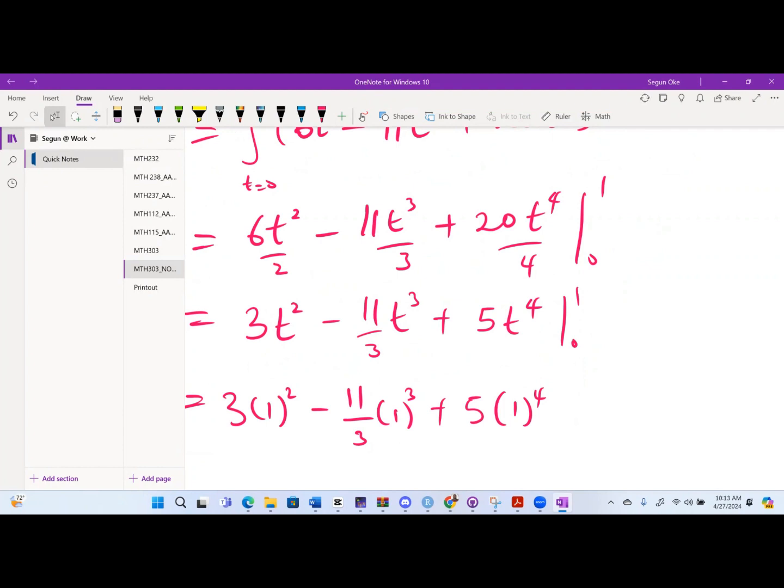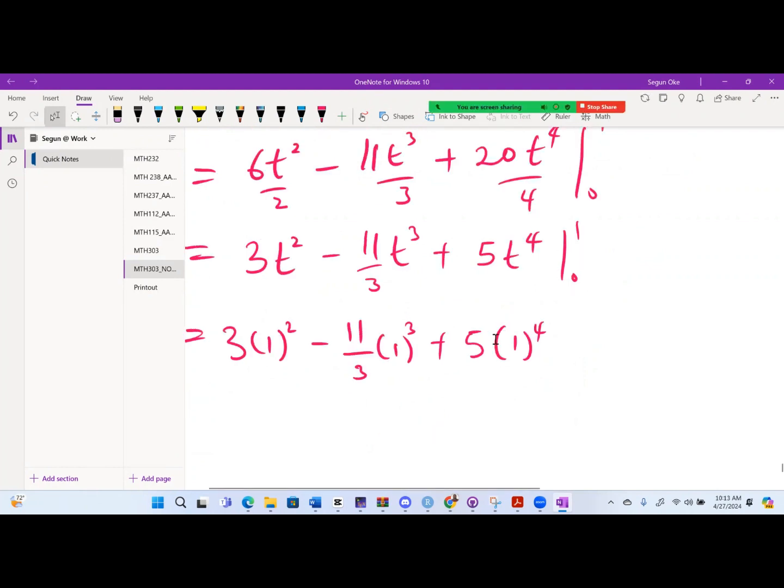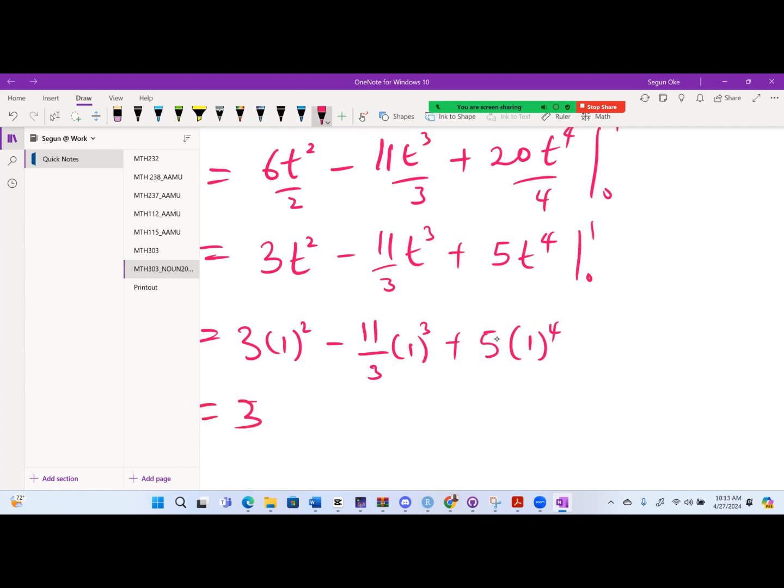Any question? If you resolve this one very well, what do you have? You will have 3 minus 11 over 3 plus 5, which is 8 minus 11 over 3.